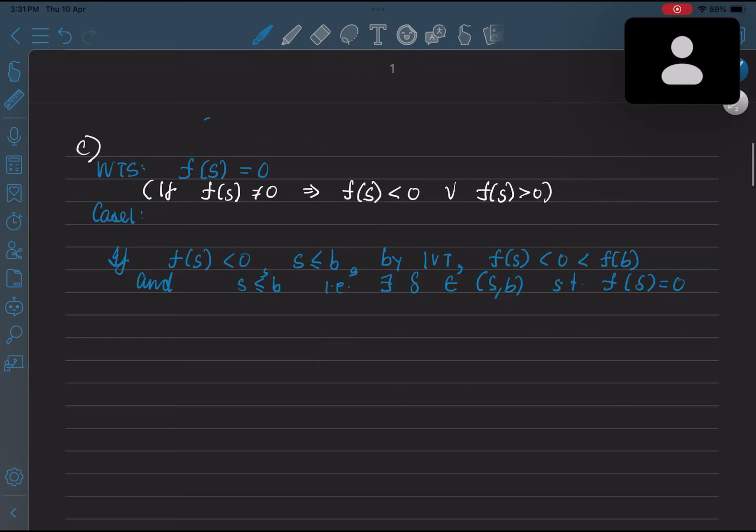But if this is true, then first note delta is more than S, and f of delta is equal to 0, which means delta belongs to S. And therefore, this contradicts the fact that our supremum is an upper bound.